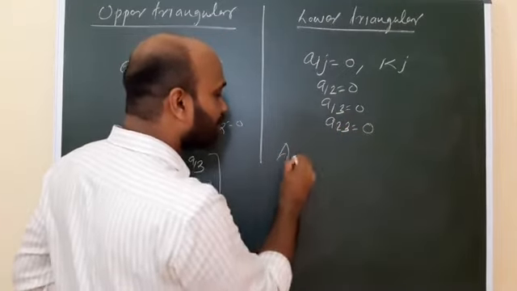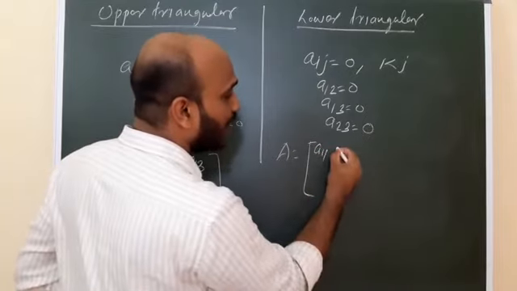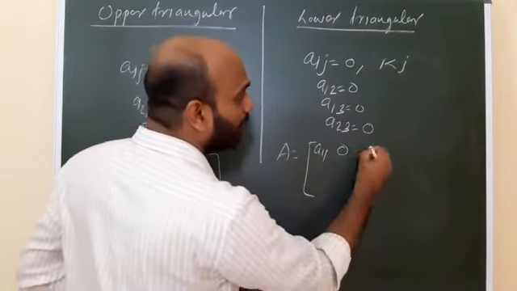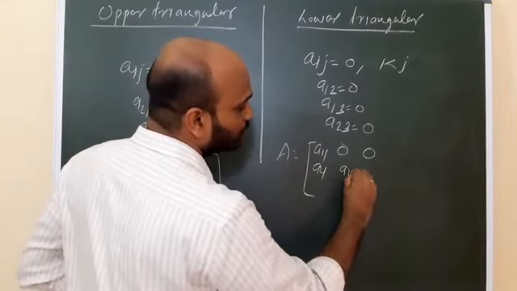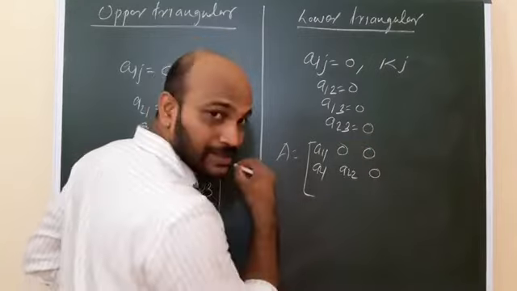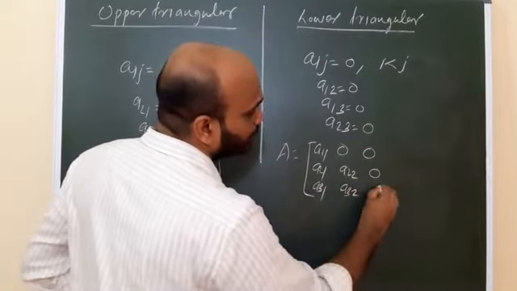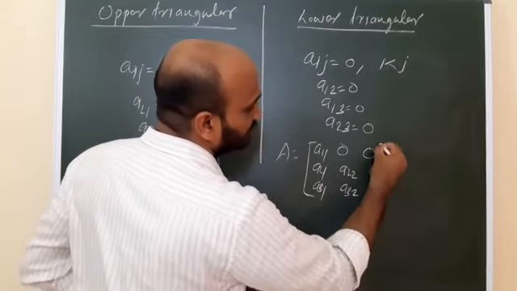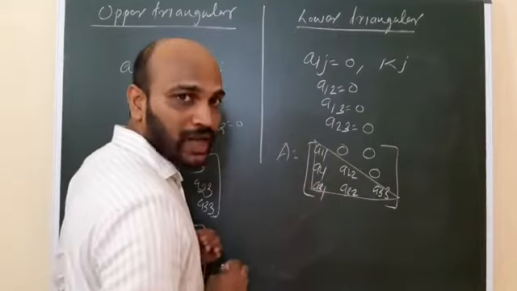So generally we can represent like this: A11, A12 should be 0, A13 0, then A21, A22, A23 should be 0, A31, A32, and A33. So here you can see one triangle. That is what is called a lower triangular matrix.